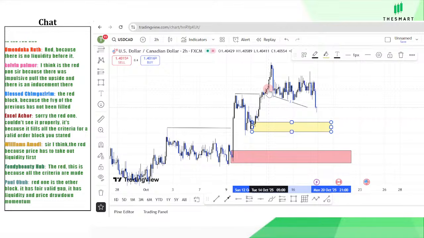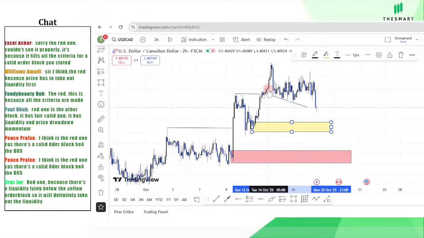Okay, Paul said the red one is the order block. It has fair value gap, liquidity, price drawdown, momentum. I think it's the red one because there is an order block before the BOS.